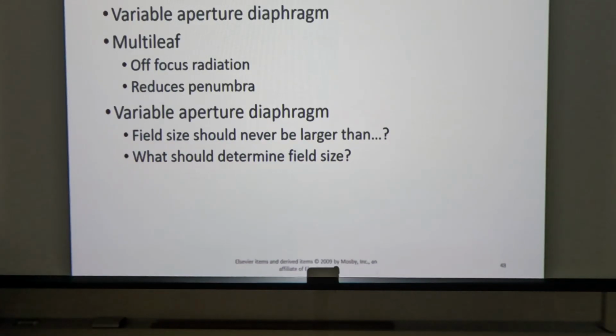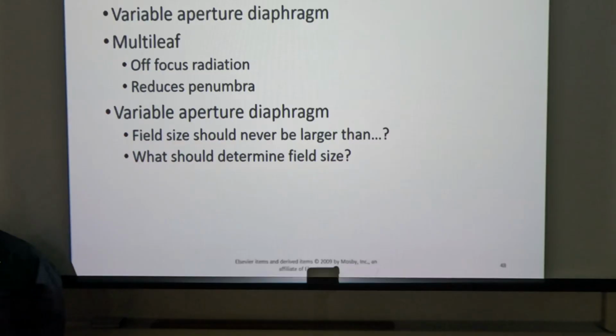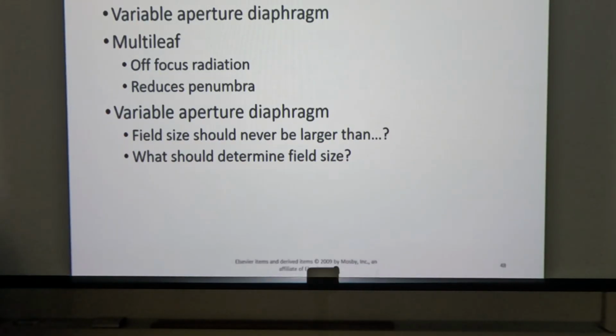That's two sets of collimators, one on top to limit that off-focus radiation, and one on bottom to limit field size, right? So two things to remember about your collimation: one is that you should collimate to the part, the anatomy, and that's what I've been preaching on. The other thing is that it should never exceed the size of the image receptor, right?